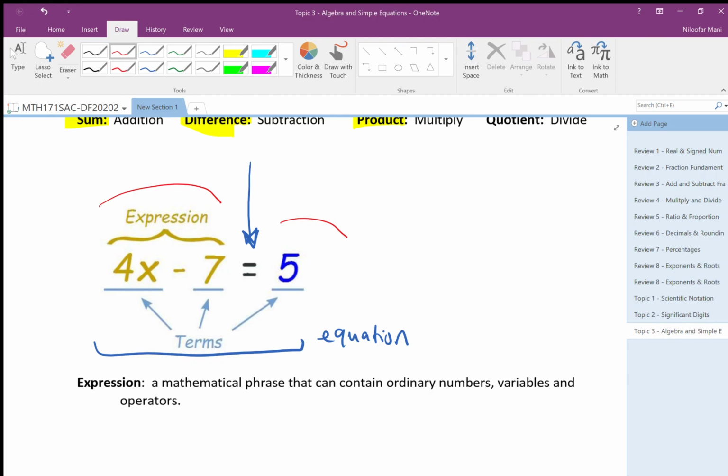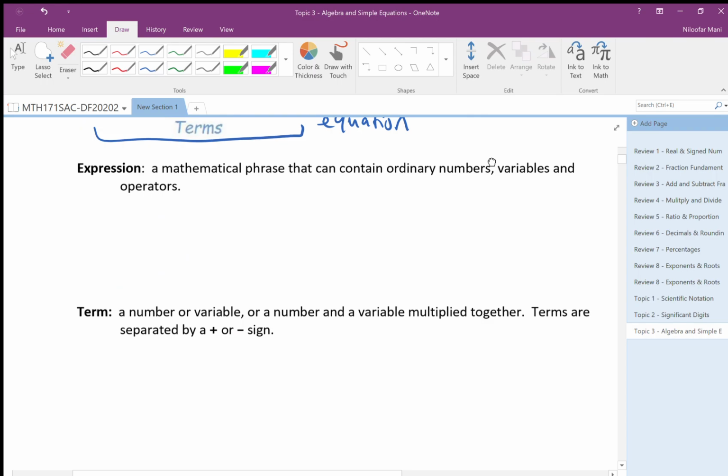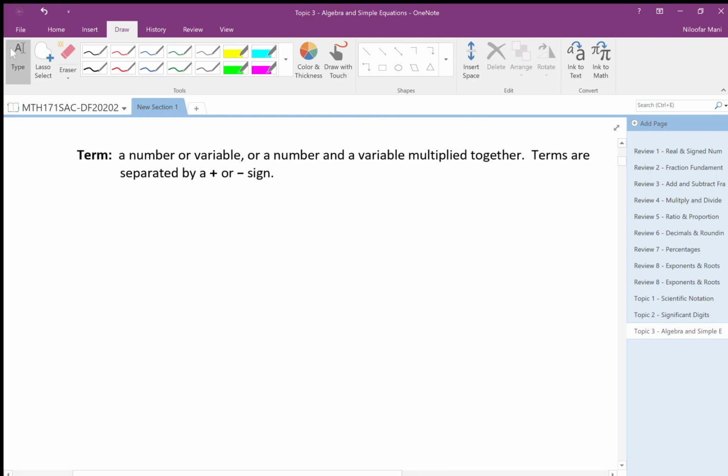So here it says an expression is made by numbers, variables, operators, all of them. Now a term, a number or a variable, or a number and variable together, are terms, and terms are separated by plus and minus.